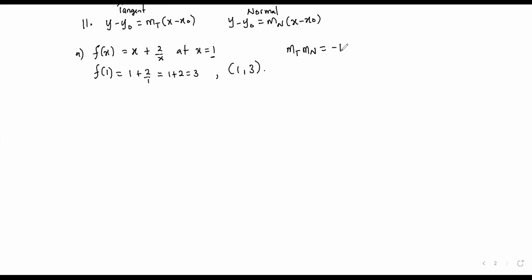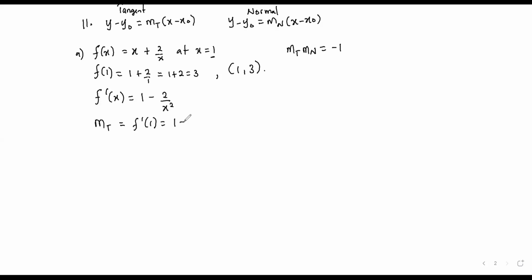So how do I get the mt? I have got the mt function, which is the derivative of f, which is going to be 1 minus 2 over x squared. You see? So this is going to be mt when I substitute 1 where there is x.